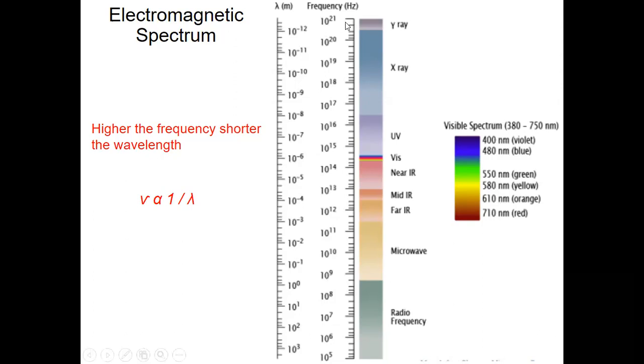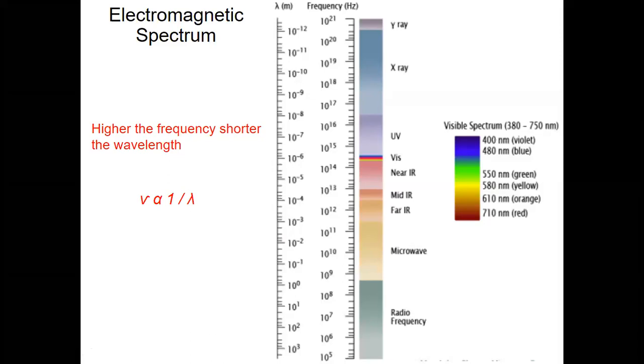right? And the higher the frequency, the shorter the wavelength. When the frequency is highest, wavelength is lowest. When the frequency is lowest, wavelength is highest.